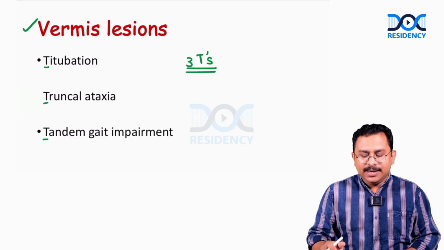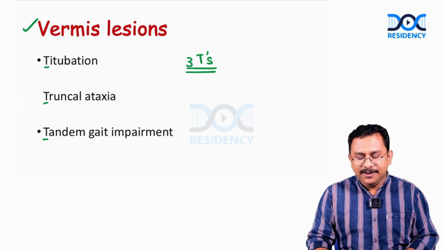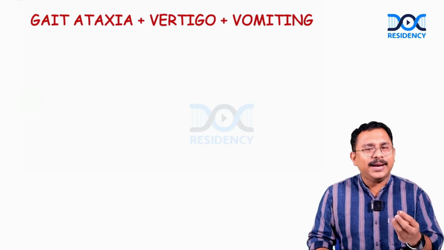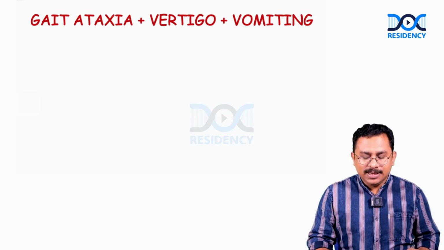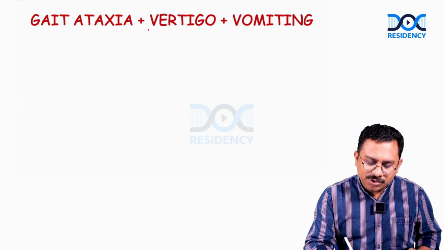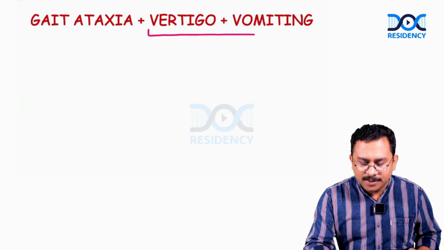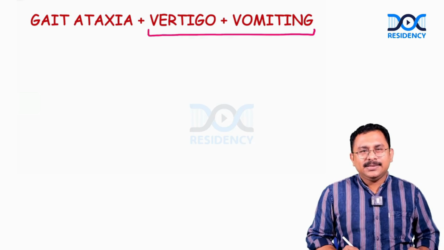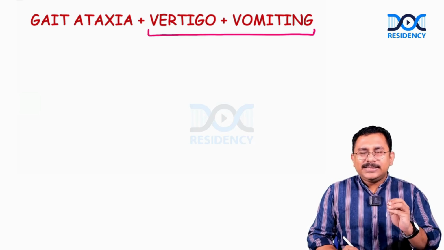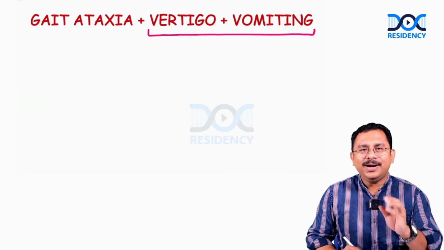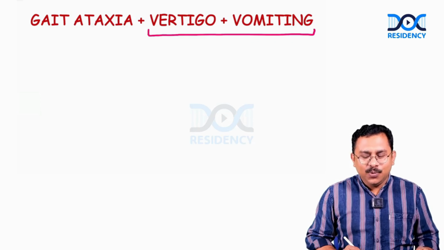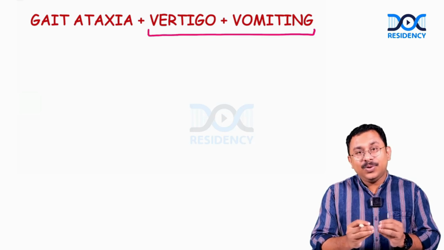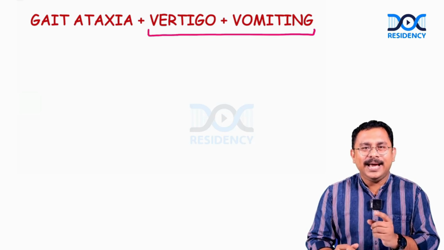Now, one additional clinical point. Suppose the patient is having gait ataxia, which I told you can happen with vermis lesions. But along with that, he is also having vertigo and vomiting. Then does the site of lesion change? There is a slight change. Vermis lesions are usually not commonly associated with vertigo and vomiting. So this combination of gait ataxia with vertigo and vomiting, where does it happen?